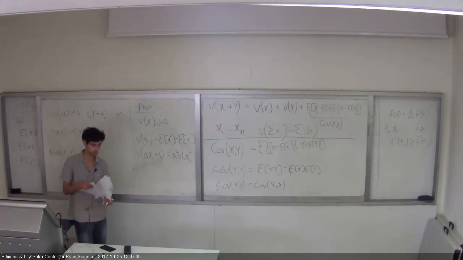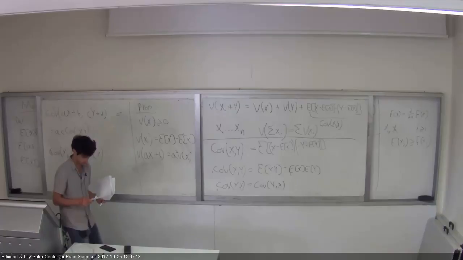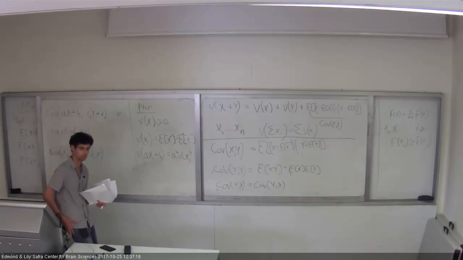And in such a case, the expectation of the multiplication can decompose to the multiplication of each expectation, as we saw in the independent case. Okay, if they are independent, they are also uncorrelated.